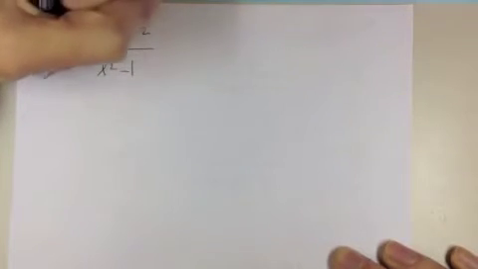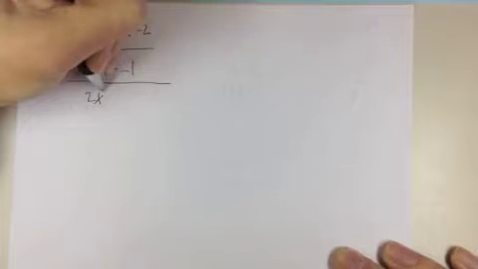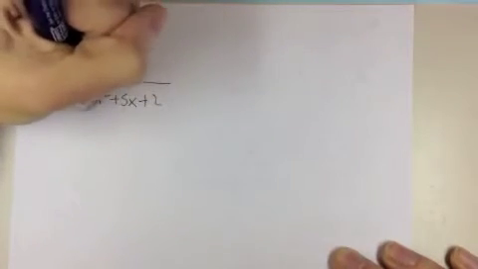So now we're going to look at a division problem. So we have (2x squared minus 3x minus 2) over (x squared minus 1) divided by (2x squared plus 5x plus 2) over (x squared plus x minus 2).